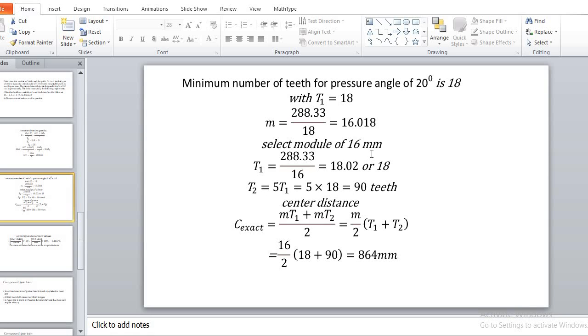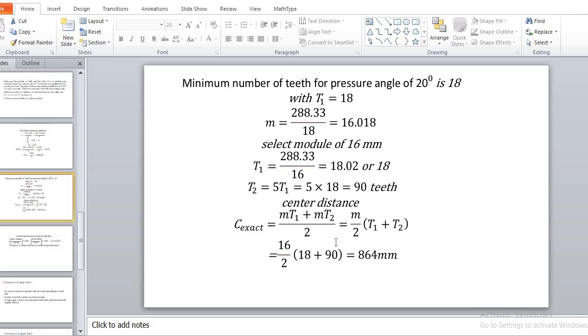Due to this approximation, 16.018 now considered as 16 and 18.02 considered as 18, by considering whole numbers, this C exact again changes.